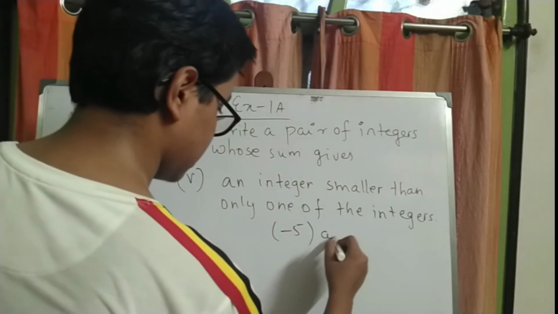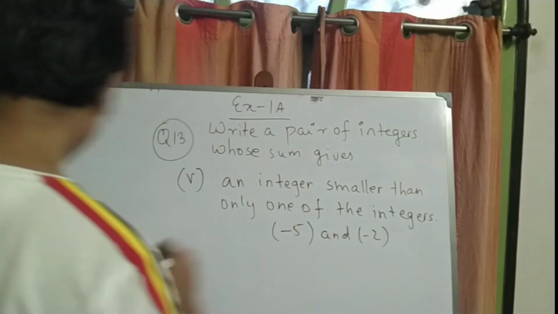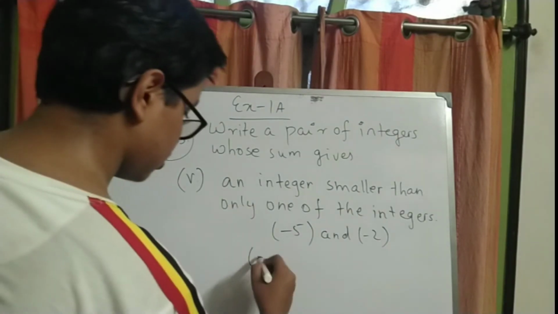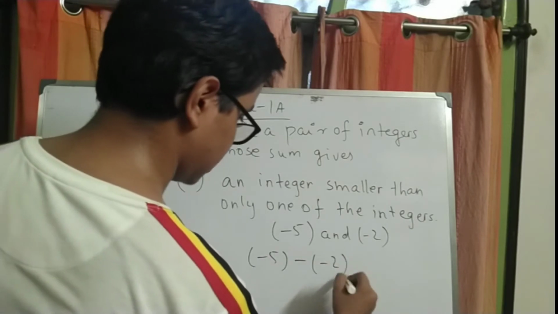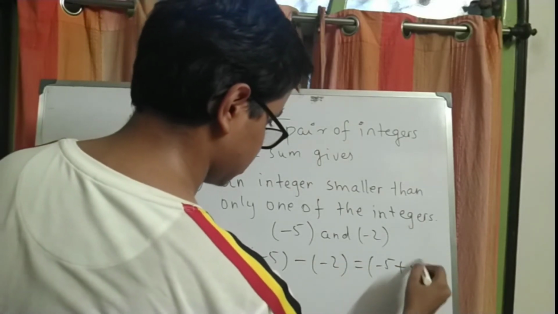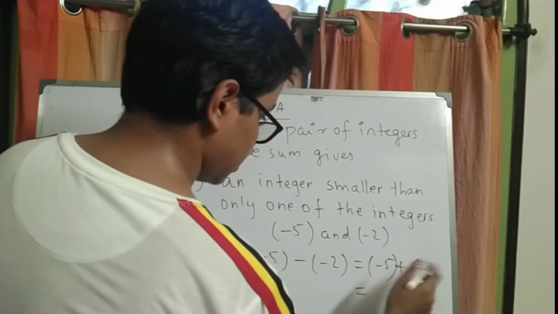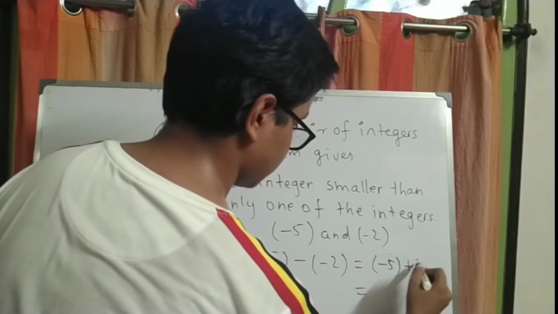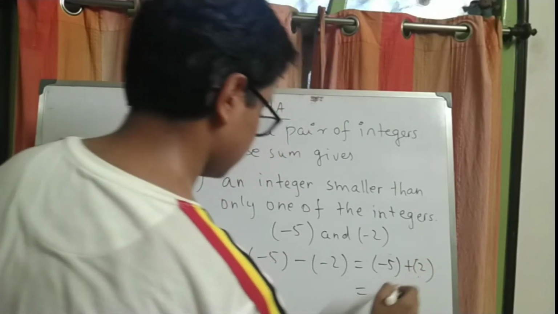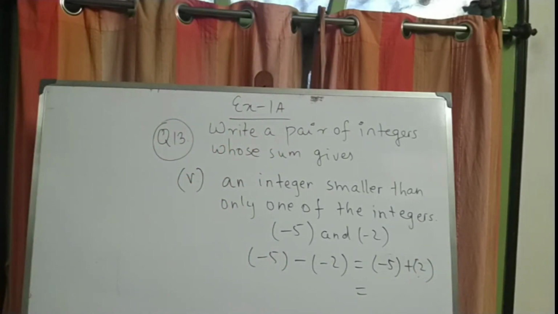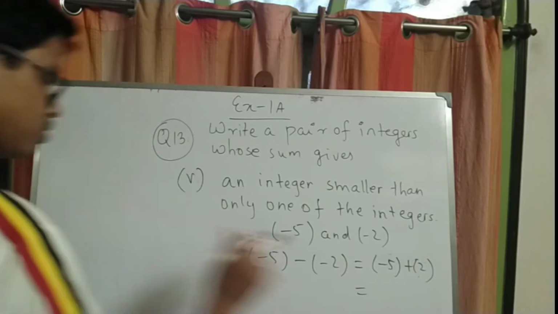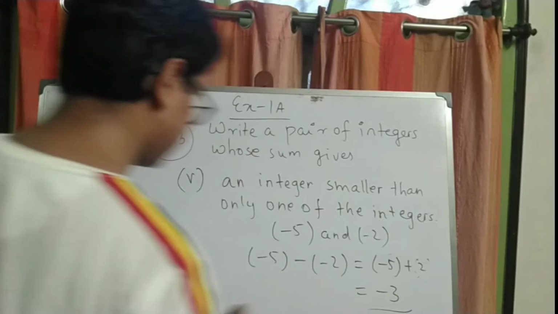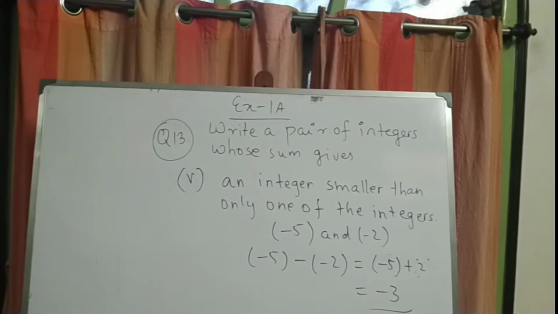I will take minus 5 and minus 2. So if I do the sum, minus 5 minus minus 2, I will get minus 5 plus 2. Minus 5 plus 2, I will get answer minus 3.